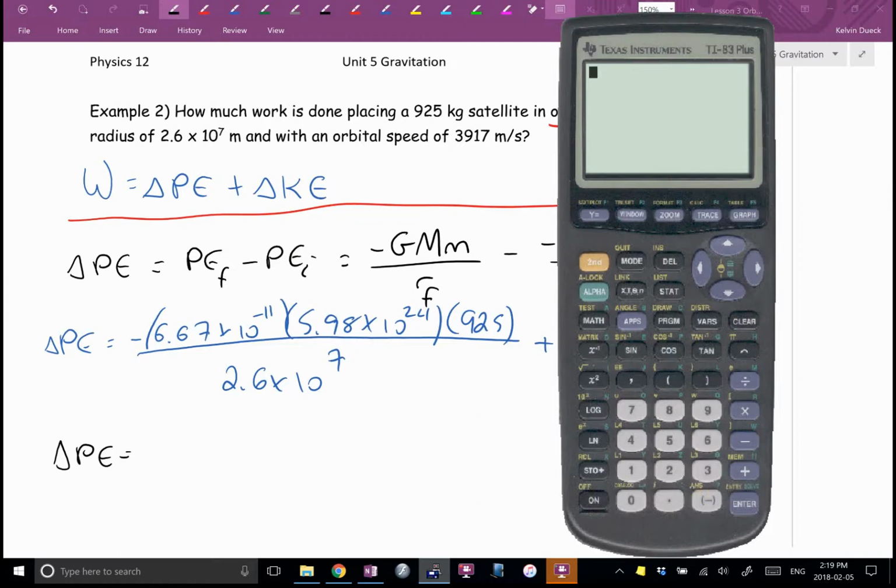Alrighty. Negative 6.67. 5.98 times 925 divided by 2.6 times 10 to the 7th. You get negative 1.419 times 10 to the 10th?